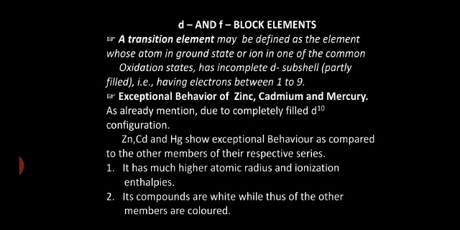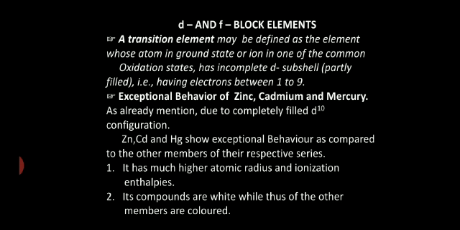Again I repeat, transition elements are those elements which possess incompletely filled d orbitals in the ground state, or in their ions existing in chemically significant oxidation state, which I have written in the same manner on the screen. You can read it out.